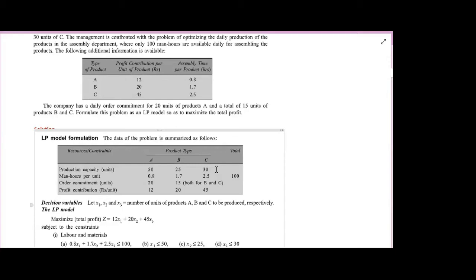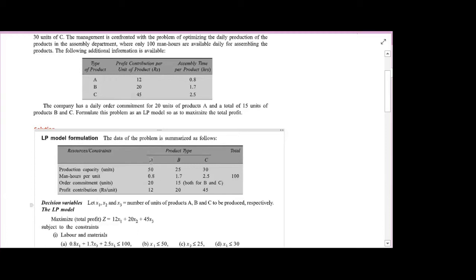Let us suppose that x1 units of A, x2 units of B, and x3 units of C will provide maximum profit. What are x1, x2, x3? We don't know. We have to solve for the exact values of x1, x2, x3. So let us assume x1, x2, x3 are the number of units of products A, B, and C to be produced respectively, right?